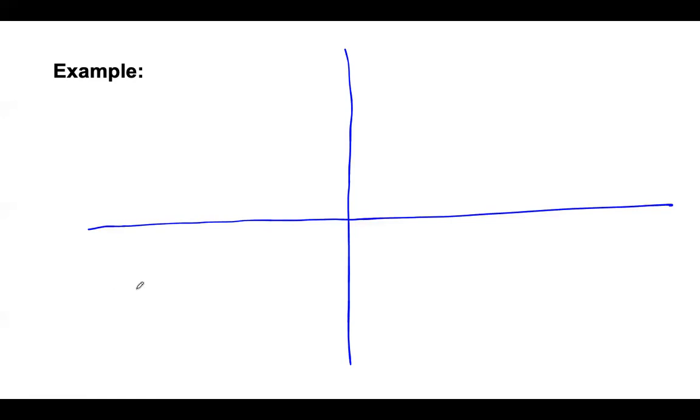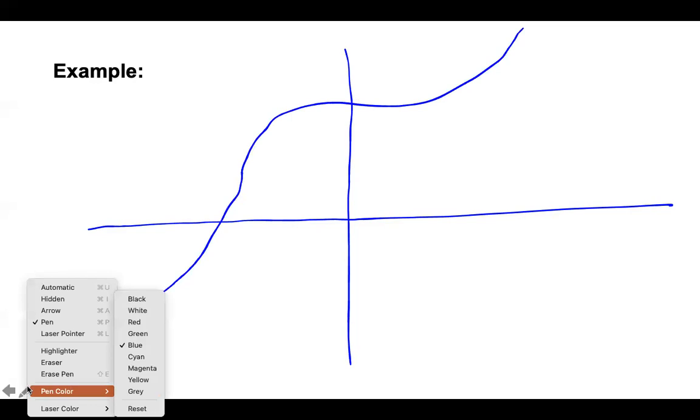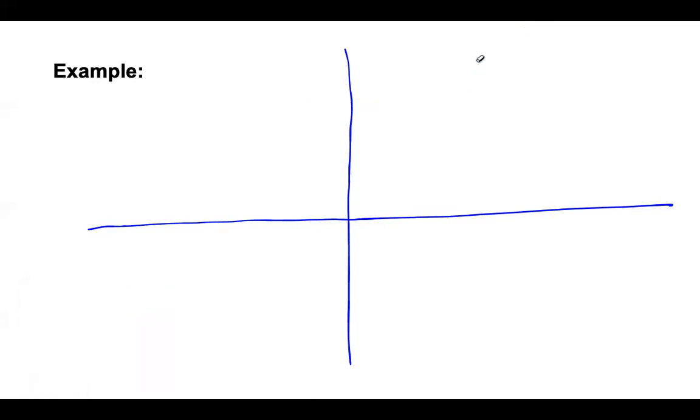And we have something like that. You could just simply draw the line. Oops. Maybe I didn't draw it.